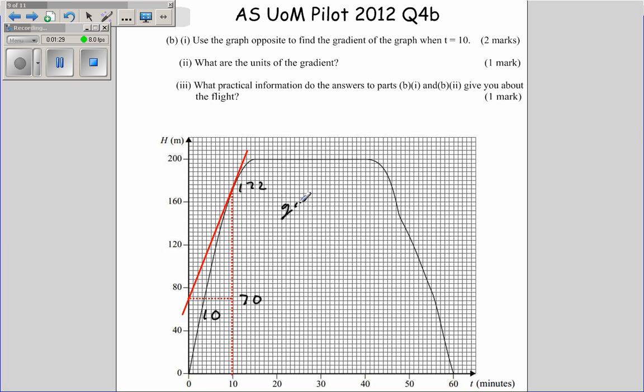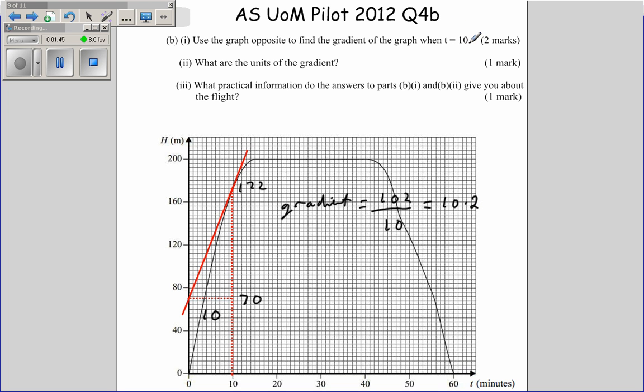So we can say our gradient is rise over run, so it's 102 over the run of 10, so our gradient is 10.2. So that's part A done.